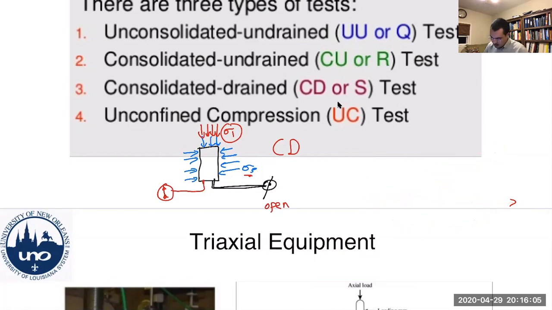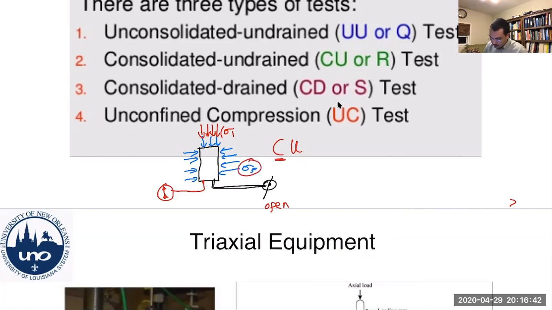Now, for the consolidated undrained test, your drainage valve, because you see it's consolidated, will be open during the application of sigma 3.